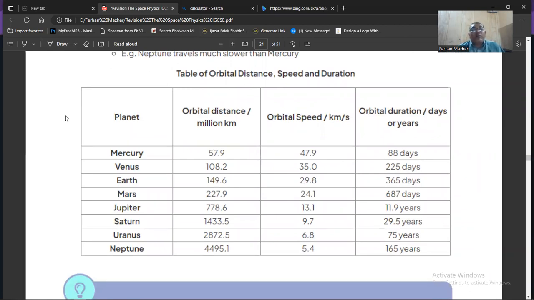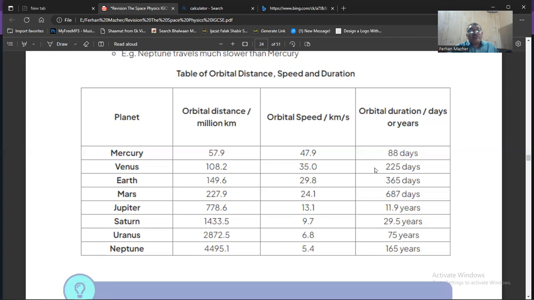Mercury's orbital distance is 57.9 million kilometers, its orbital speed is 47.9 kilometers per second, and its orbital duration is 88 days. Venus's orbital distance is 108.2 million kilometers, its orbital speed is 35 kilometers per second, and its orbital duration is 225 days.